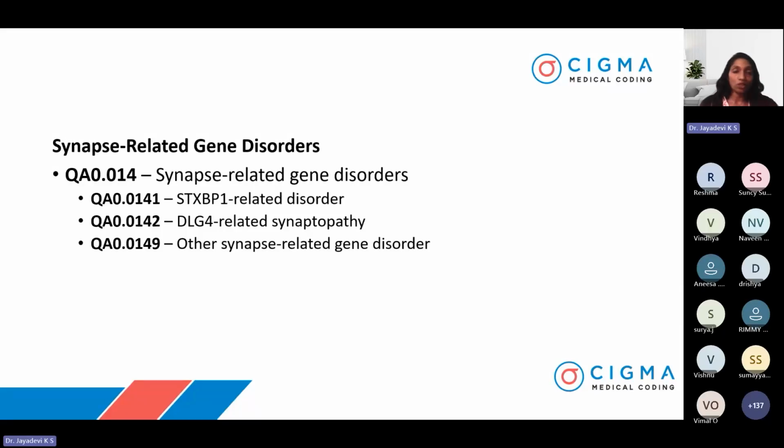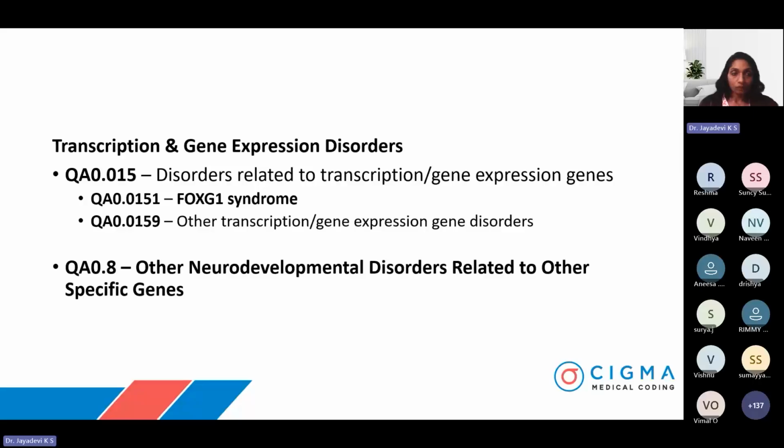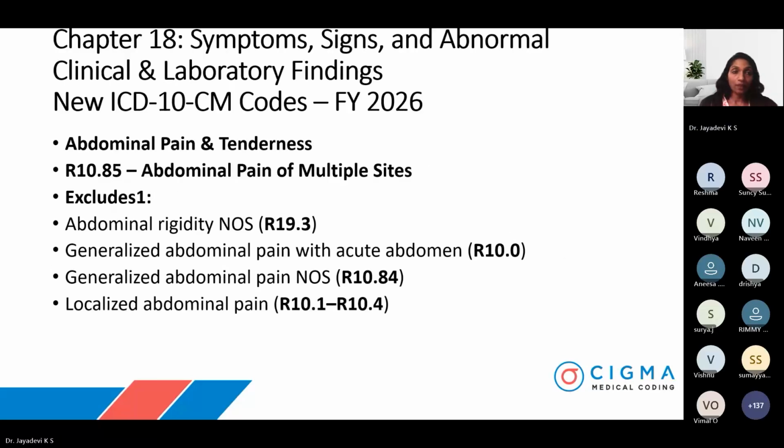The three types are mentioned here. Transcription and gene expression disorders, QA0.015, FOXG1 syndrome, and other transcription gene expression gene-related disorders. QA0.8, other neurodevelopmental disorders related to other specific genes.